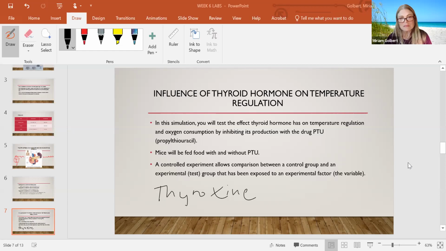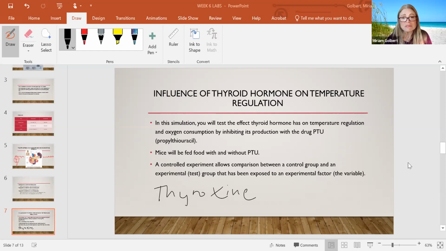So we use them here in this virtual simulation, and of these two little mice, one is not going to be fed with this particular food, but the other is going to be fed with PTU, which is short for propylthiouracil. So we know that PTU blocks thyroxine.